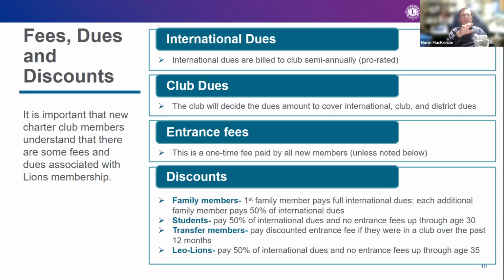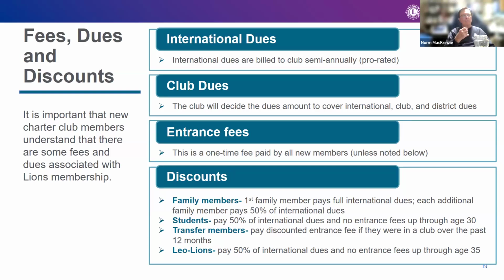Club dues is a whole different ball game, but they need to know the international dues and that they have to pay district dues as well as multiple district dues. They need to know those fees, because that helps them understand the situation rather than having it thrown at them all at once after they become a member and it wasn't explained to them. That creates a little disharmony, if you will.